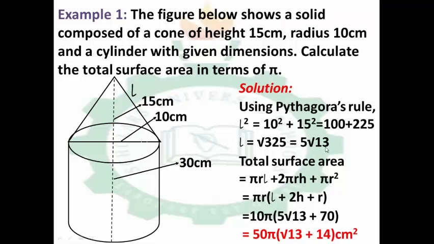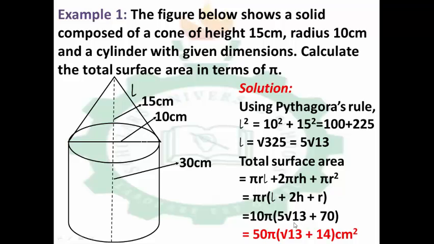Now, we are to find the total surface area, as earlier said. To find the total surface area, we need the curved surface area of this cone, and we also need this cylinder, an open cylinder at one end. So this is 2 pi r h plus pi r square. The radius is 10, so that means 10 pi, open bracket 5 root 13, which is your slant height L, plus 2h.